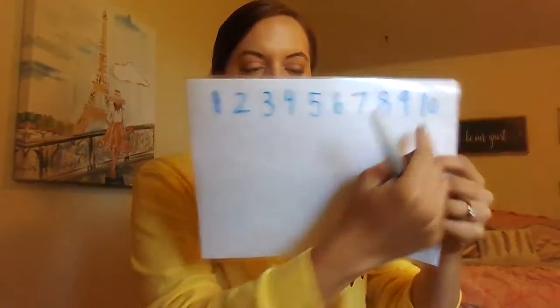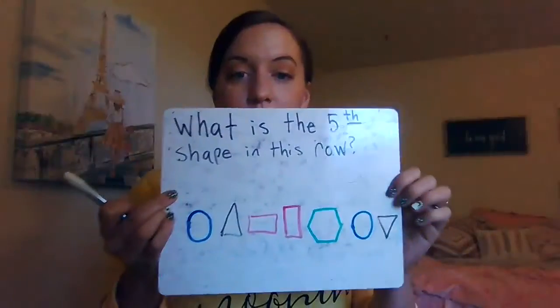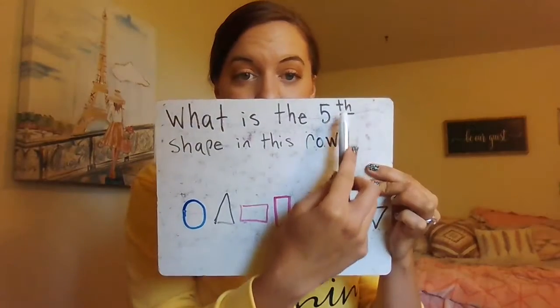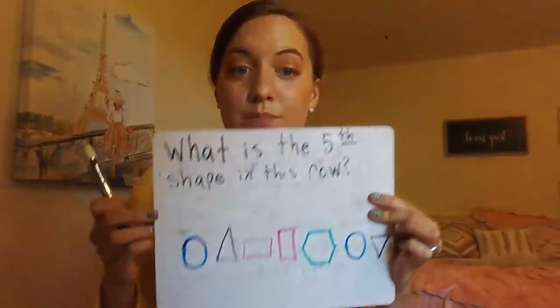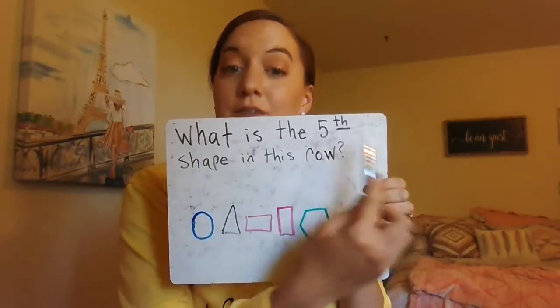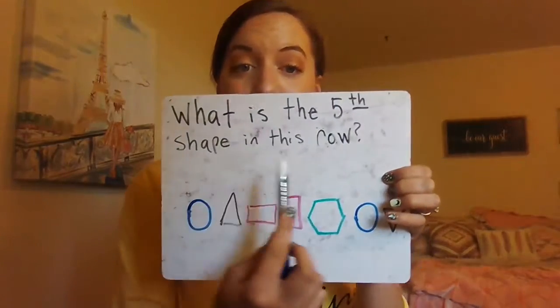So if someone ever says that they want to be first, that means that they want to be number 1. So you can have your ordinal numbers just straight across like this in a row. But if you were going to look at it this way, you would still have your 1 at the top, and then you just count all the way down, okay? So this question, you have to look at the row, and it says, what is the fifth shape in this row?